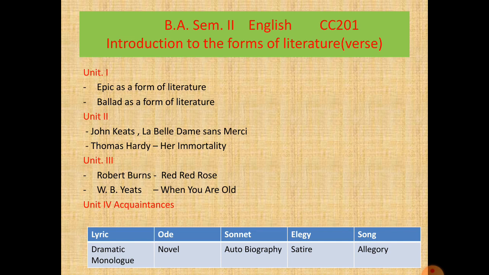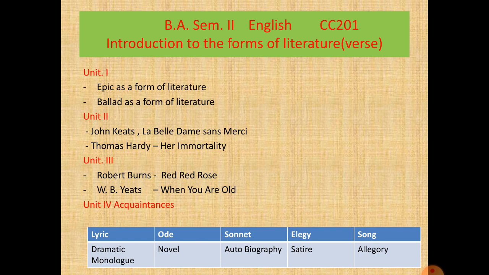As we know, there are 3 major branches of literature, and these are poetry, prose, and drama.